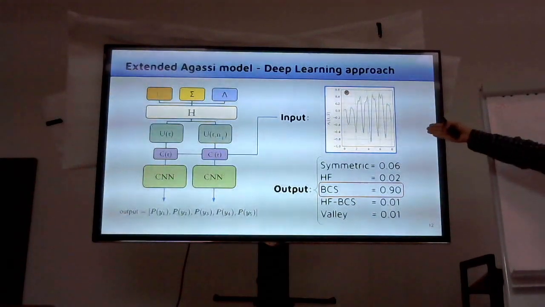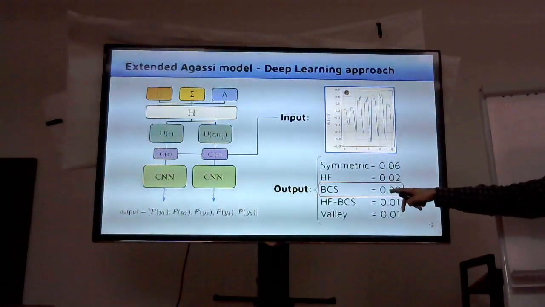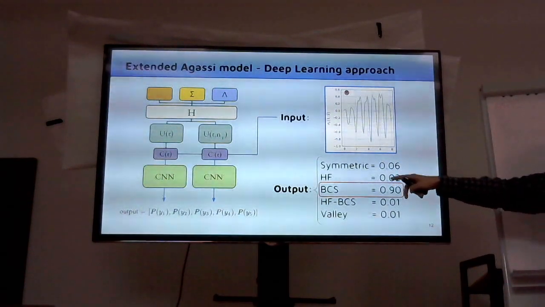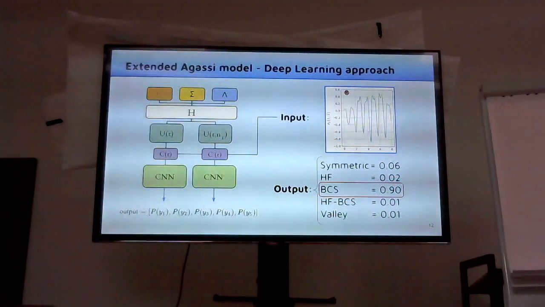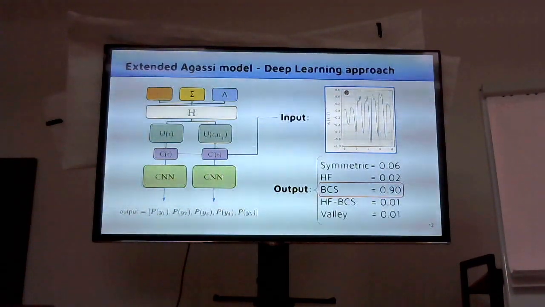So you will have an input like this, and the output will be something like that, which in this case says I'm pretty certain this is this specific phase, the BCS, the Bardeen-Cooper... I don't remember the names, they are pretty difficult.